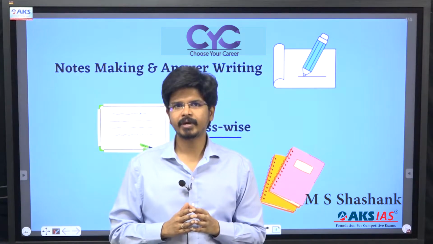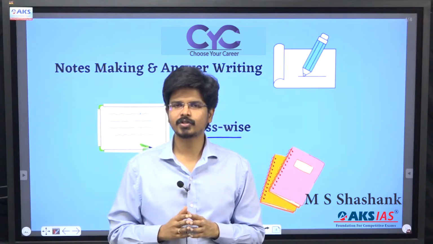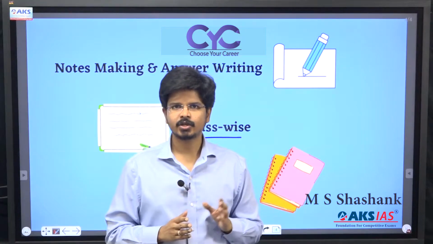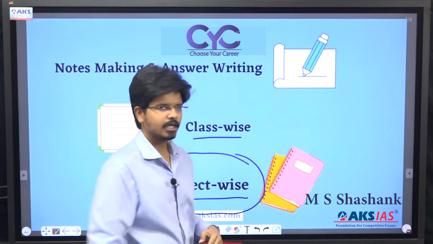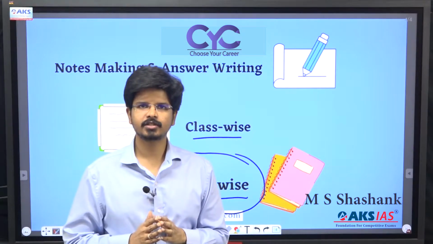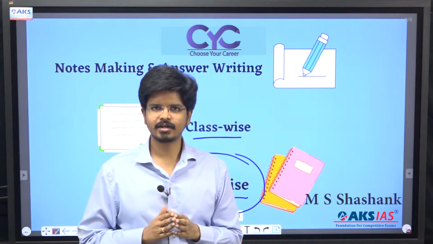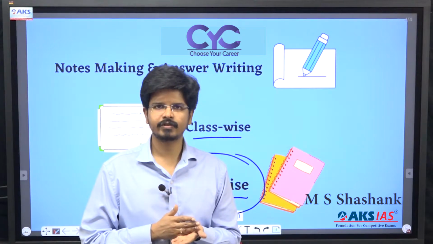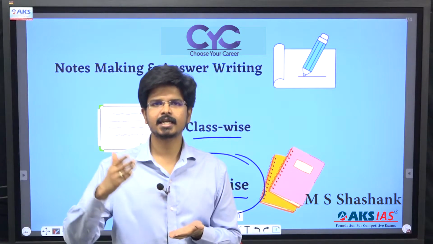But if you're preparing for UPSC and you have a time crunch, a time constraint, we suggest that you read the NCERT subject-wise. It means that when you start a particular subject, for instance, geography, you start reading class 6th geography, then move to class 7, 8, 9, 10, 11, 12.